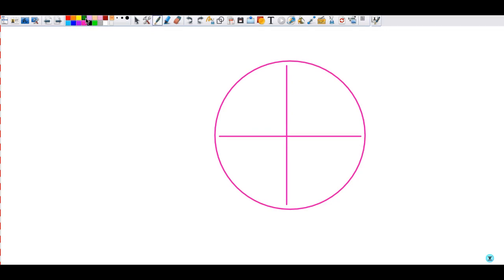So we know that this is starting at 0. As we go around, this would be pi halves. This would be at pi. This would be 3 pi halves. And then around to 2 pi.